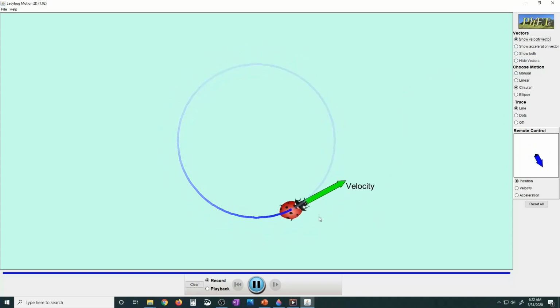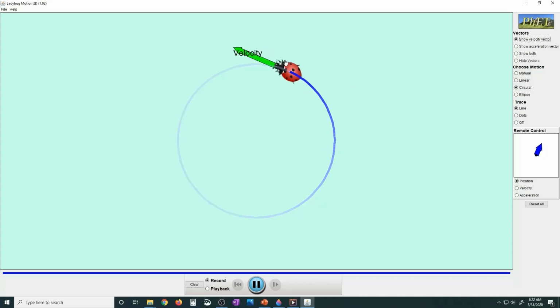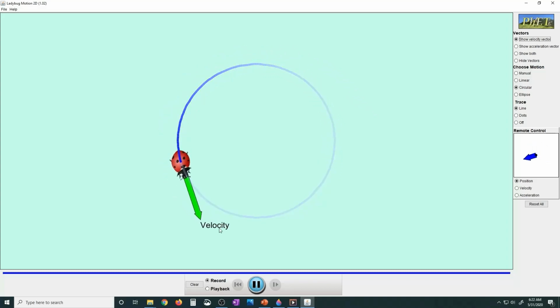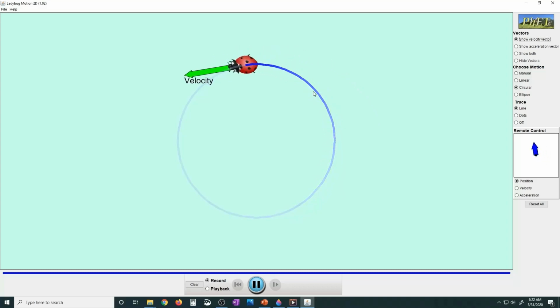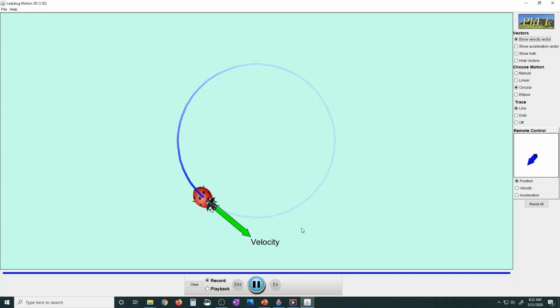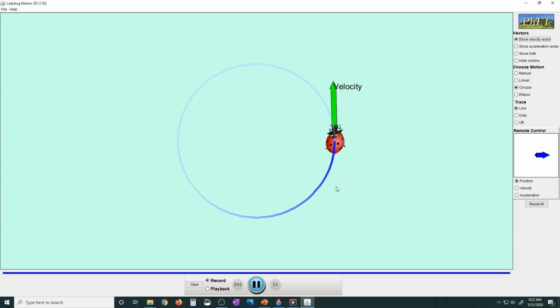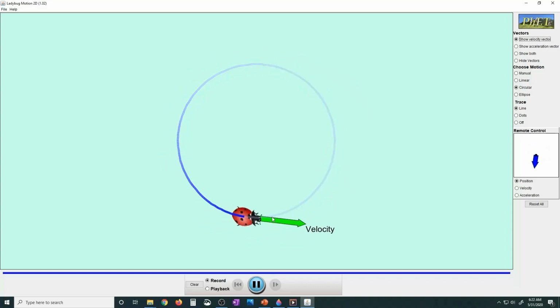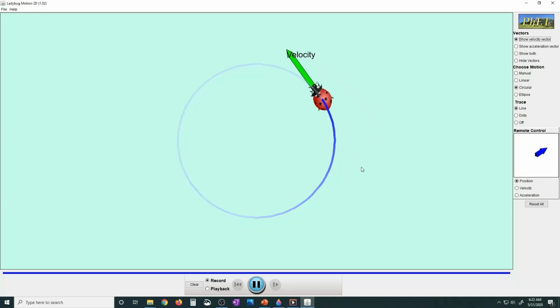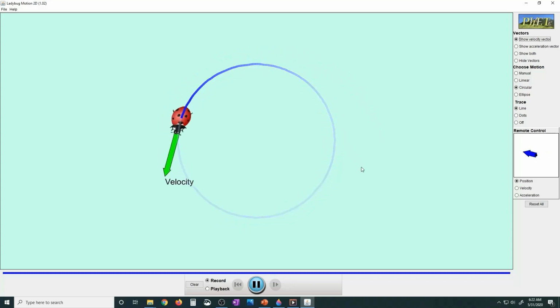And the answer is no, the velocity is not constant because it's continually pointing in a different direction. However, it's always pointing tangent to the circle. If you remember my definition of a tangent line, it's always tangent. The length isn't changing because that's representative of the speed. As I mentioned, it's constant speed.